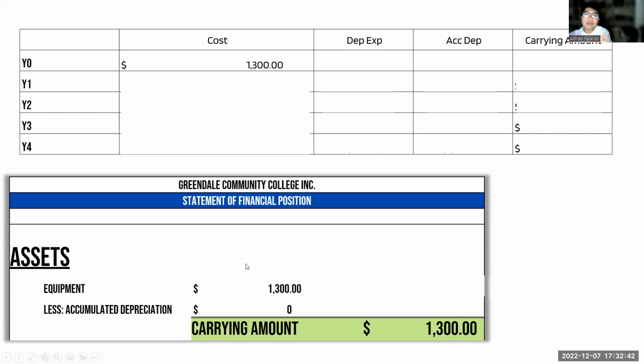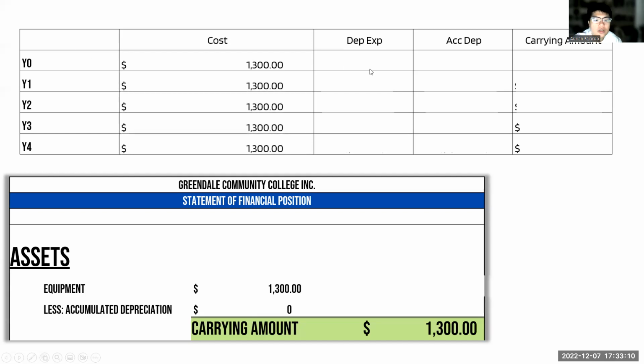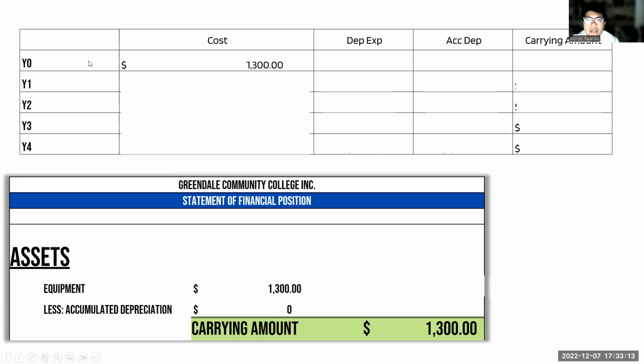So this is the only time I will use cost in this column, just because I want to highlight na in your financial statements, regardless of your depreciation method, your equipment should always be at cost at 1.3, and then you have another line item at less accumulated depreciation. And then when you subtract both, you'll get your carrying amount. So right now, we're at our year 0 or your purchase date. In your purchase date, it's gonna be equipment carrying amount 1,300.